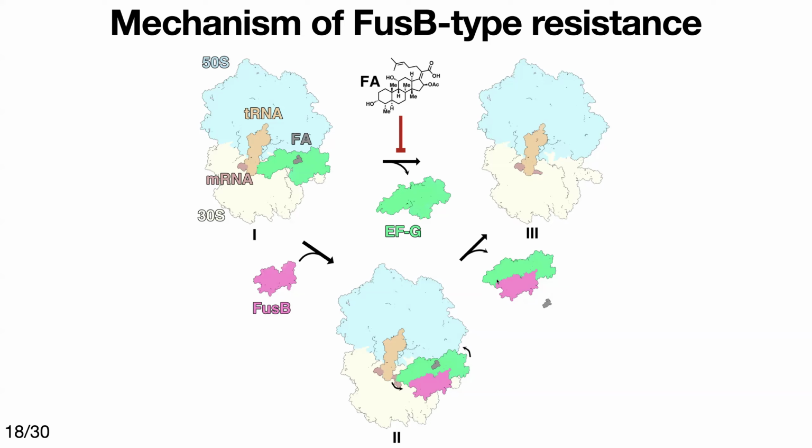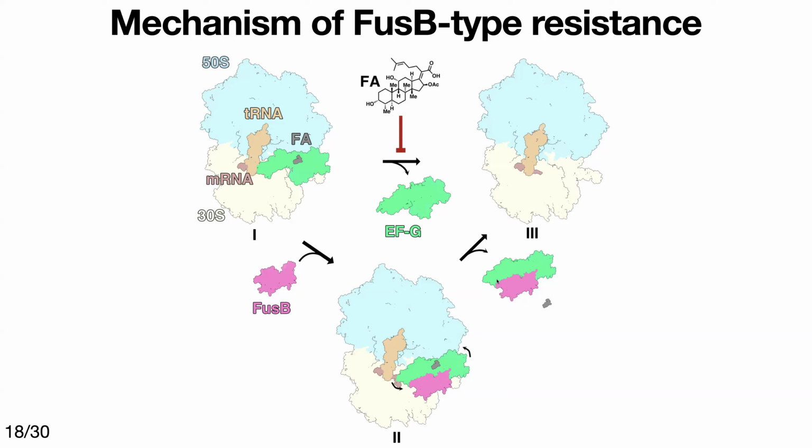All right. So it means that maybe the translation step will be slower. But the thing is, you still have a lot of EFG in the cell, right? As we saw, FUSB is at quite high concentration under inhibition, but also because it's regulated by this translation attenuation, I guess you get a spike of FUSB when you have the inhibition, and then it will decrease over time.